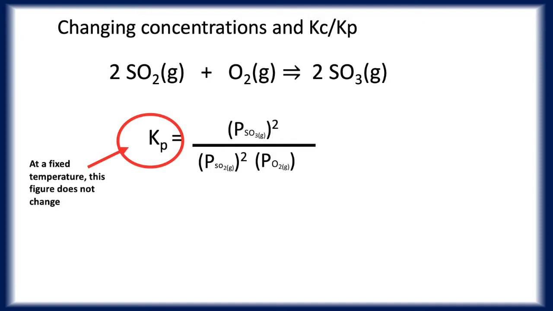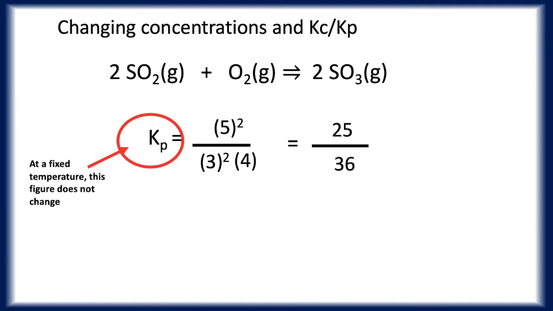So whatever I do to the concentrations, how many moles of SO2, O2 and SO3 I mix at the beginning, it will reach equilibrium so that those partial pressures result in Kp being that number, always that number at that temperature. So, for example, let's say I'd worked out the partial pressures of SO3, SO2, and O2, and I pop those in the equation now, and you can see that SO3 is squared and SO2 is squared.